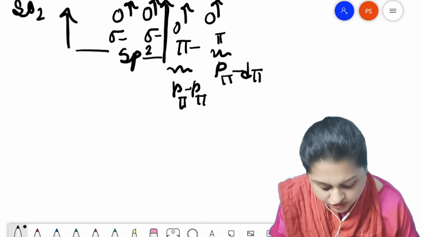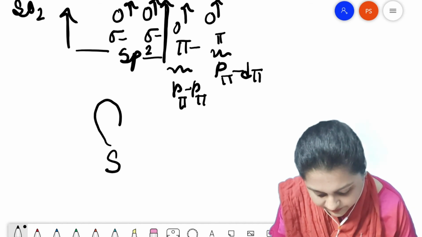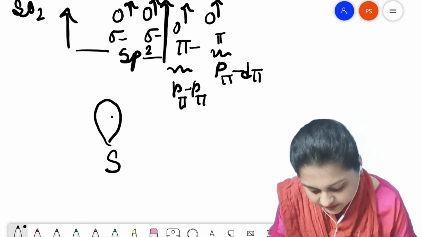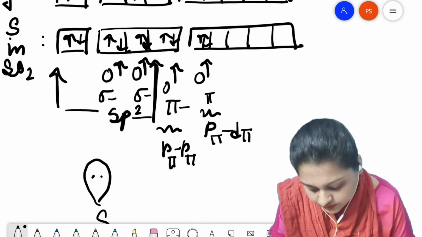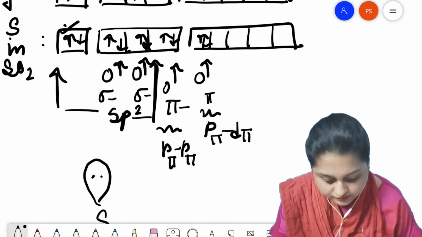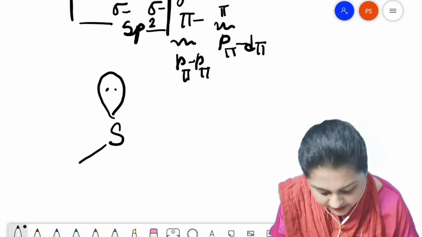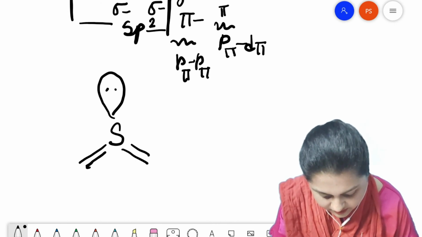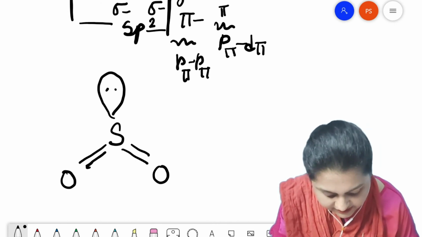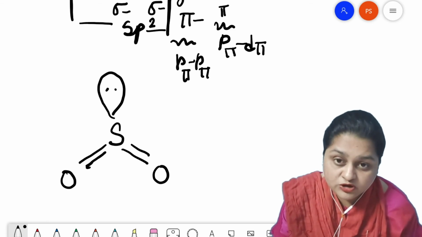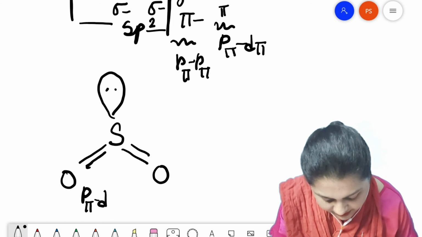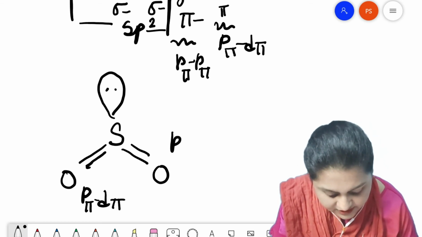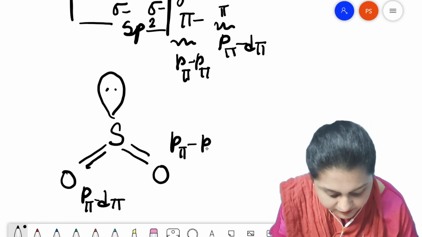And the structure of SO2 will look like this: there is a lone pair in the sp2 orbital, and these are the two double bonded oxygens. One is p pi d pi, another one is p pi p pi.